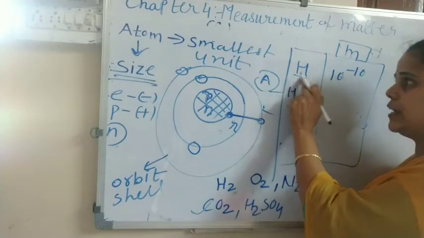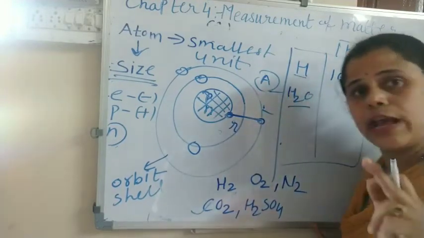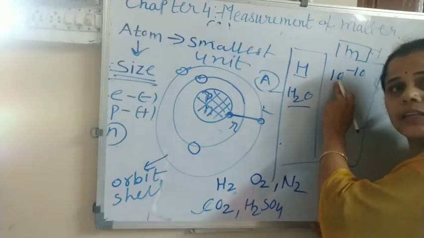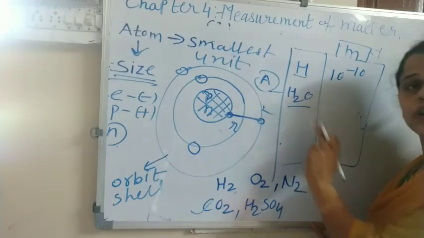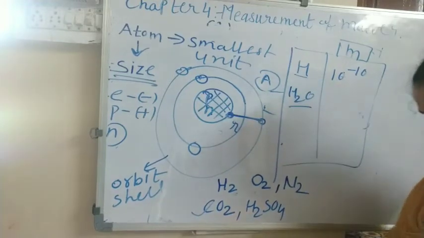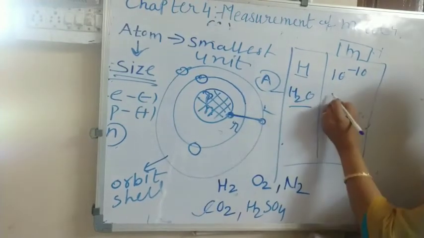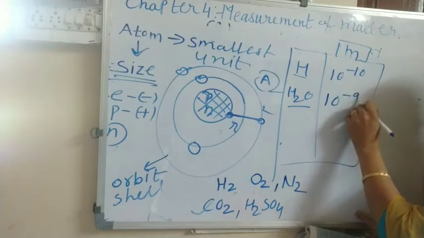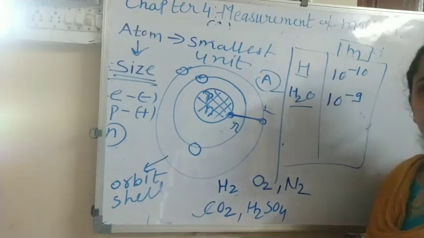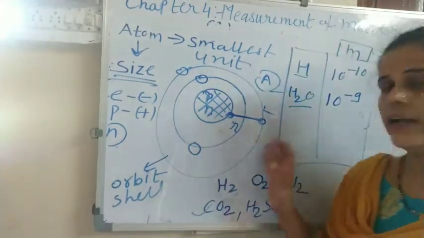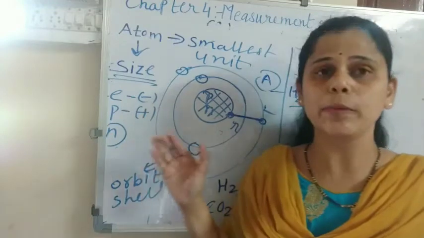A single atom. So the atomic radius of a hydrogen atom is 10 raised to the power minus 10 meter. Then for the water molecule, the radius is 10 raised to the power minus 9 meter. So these are the atomic radii. It's clear, this concept of atomic radius.